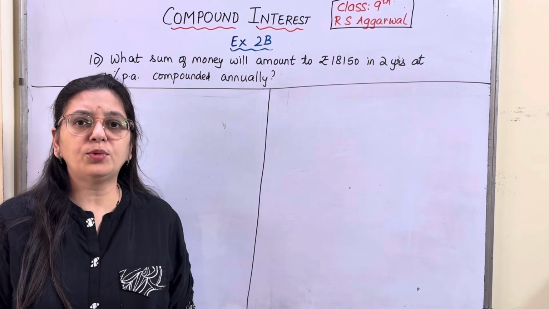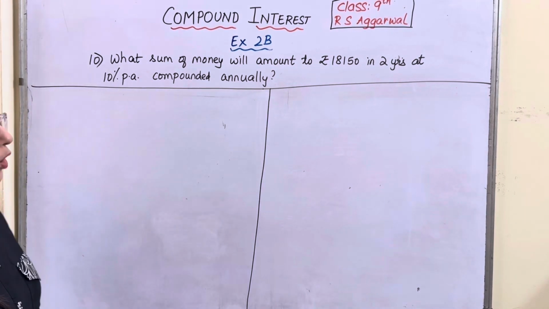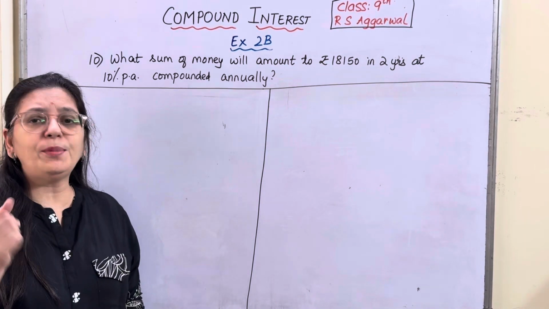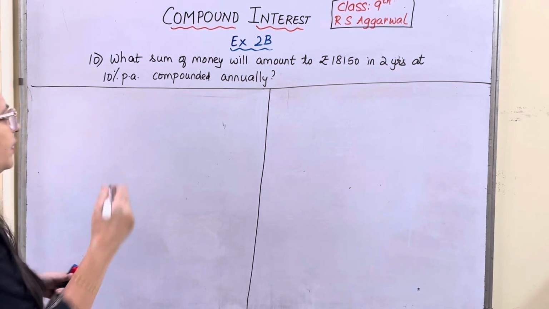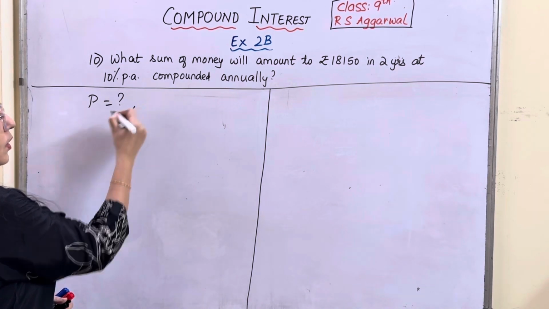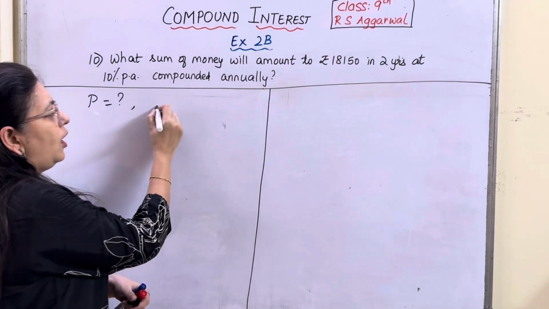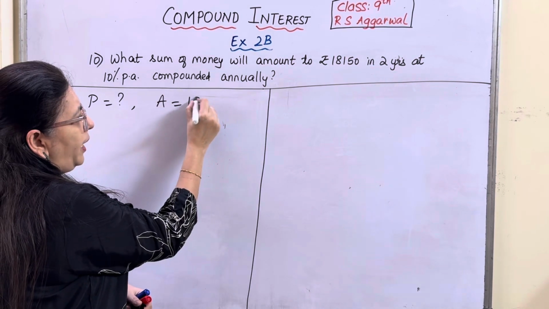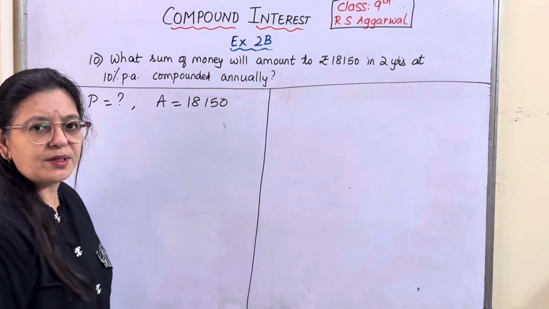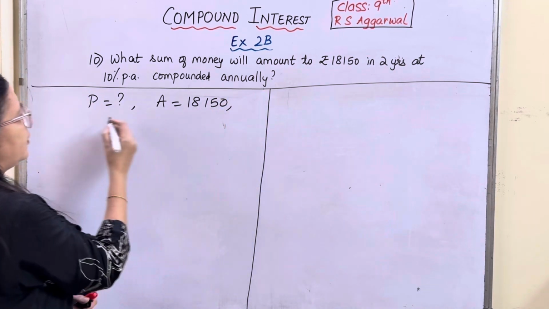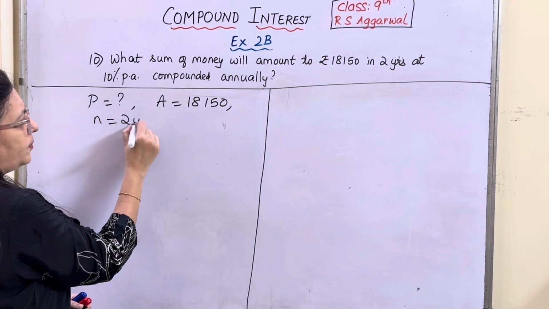Yes kids, let's go to question number 10th. What sum of money? What sum of money means what you have to find? You have to find the principal, okay? Will amount to 18,150. Amount is given as 18,150 rupees, okay? In 2 years, N is 2 years.